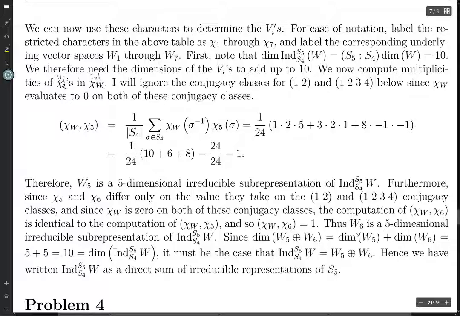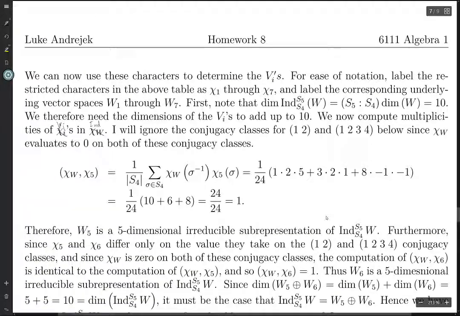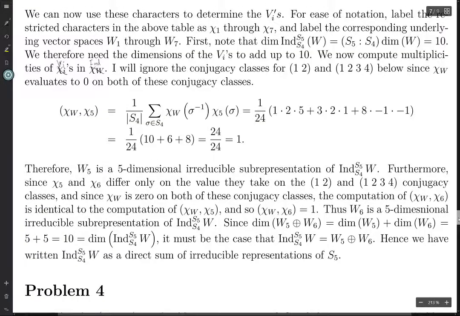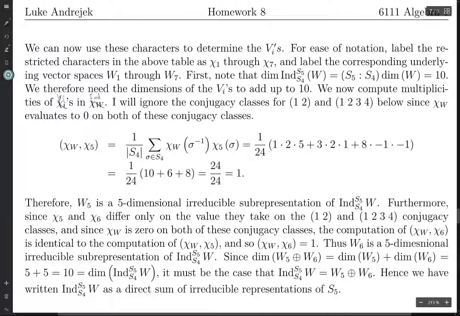So then W6 is a 5-dimensional subrepresentation of the induced. So let's see here. If we stop here, the dimension of this direct sum is just you add up the dimensions, and that's 5 plus 5, which is 10, which is the dimension of the induced representation.